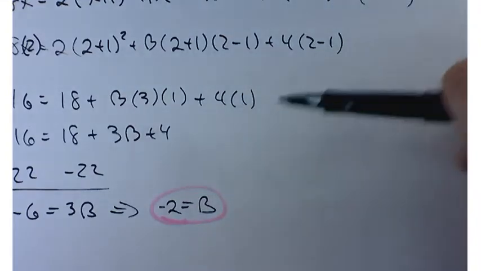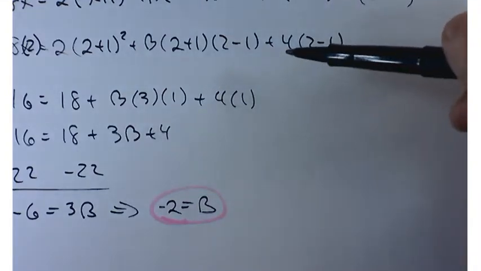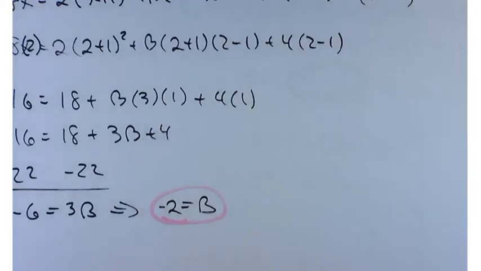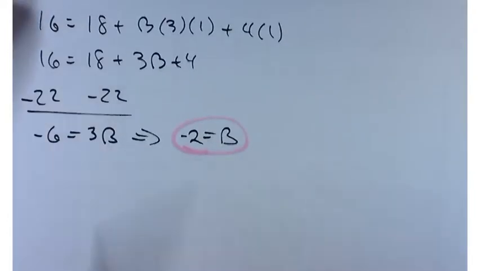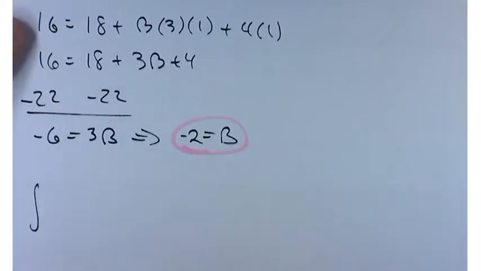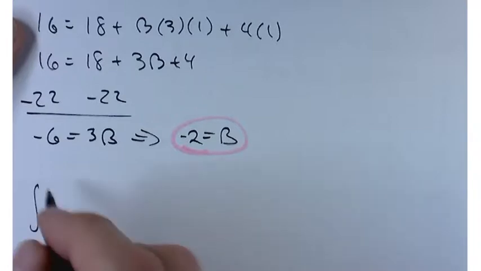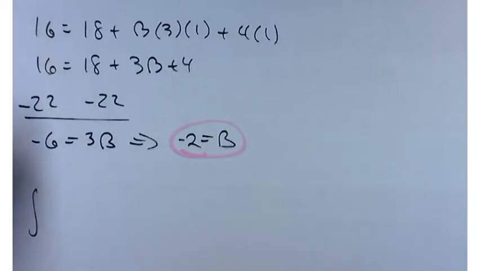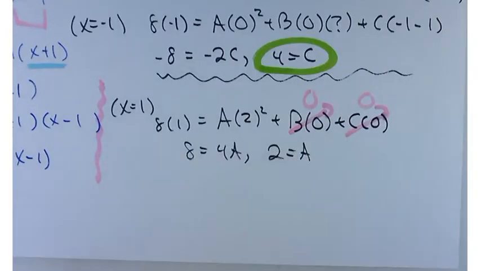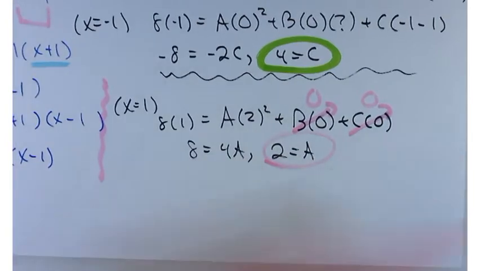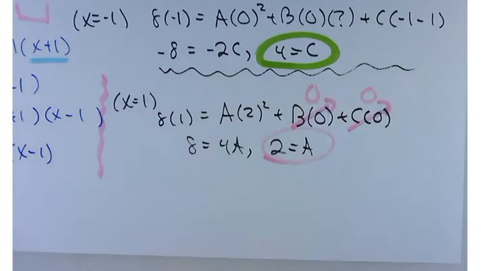Remember, we still haven't done our integration. All we've done is we figured out the partial fraction decomposition. Let's put in a, b, and c into our partial fraction decomposition. So a was 2, b was -2, and c was 4.